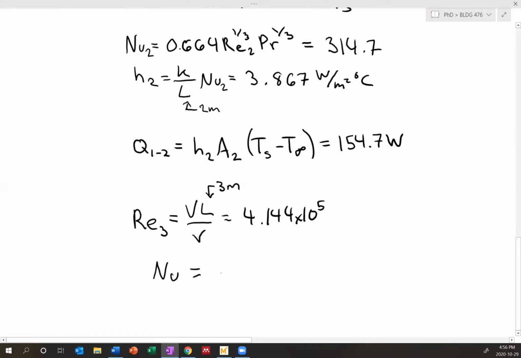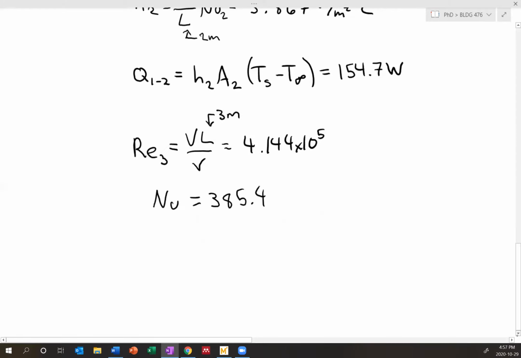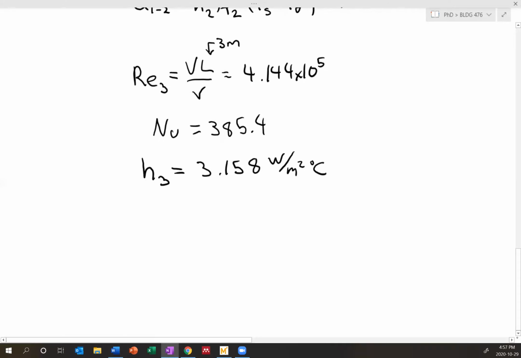Nusselt number, same technique as last time. H, also the same technique as last time, this time using a length of 3 meters. And our Q, and this is our Q1 to 3, so across the whole length.